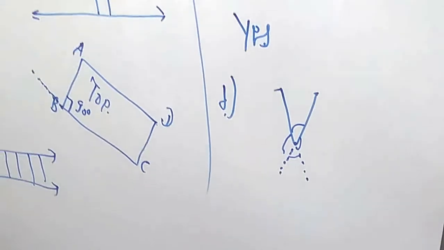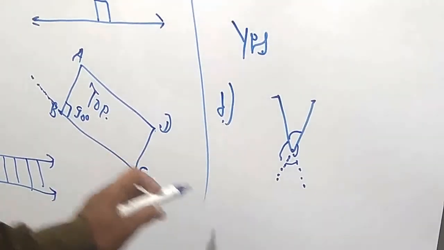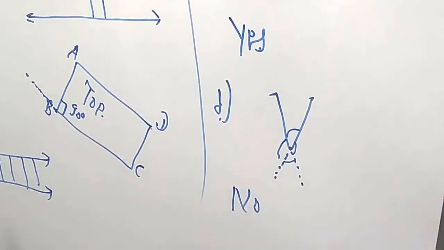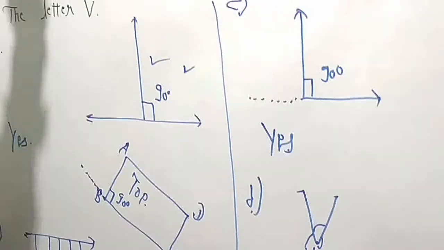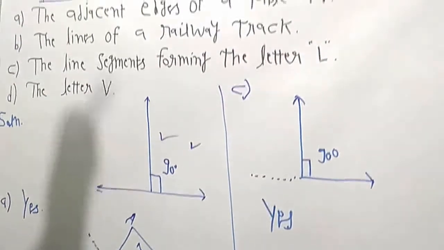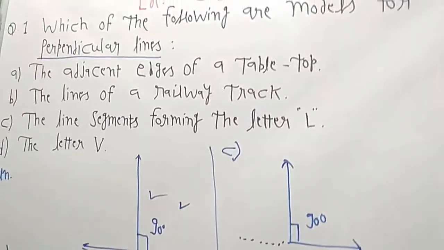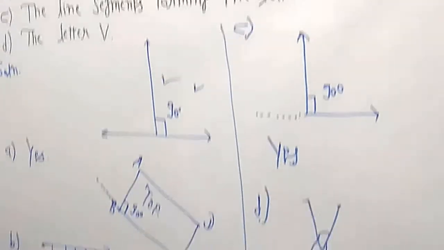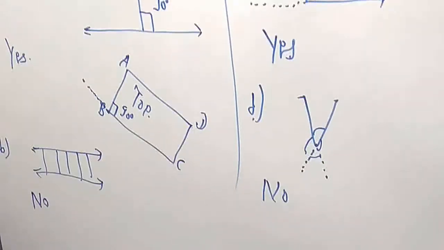It means the answer for D is no. The letter V doesn't have perpendicular lines. It is not a model for perpendicular lines. With this, the solution of question number 1 is over.